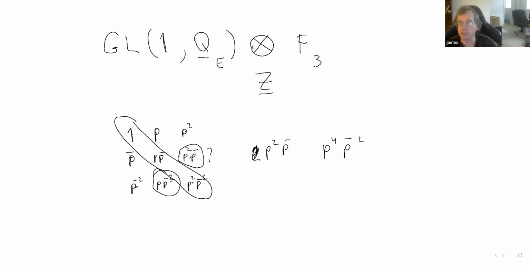So there should be some Frobenius pattern. I think it should just work like this: you have the Frobenius pattern for the cube root of X and the Frobenius pattern for the cube root of Y, and you just multiply them together to get the Frobenius pattern for the cube root of X times Y. I think that's the way it should work.